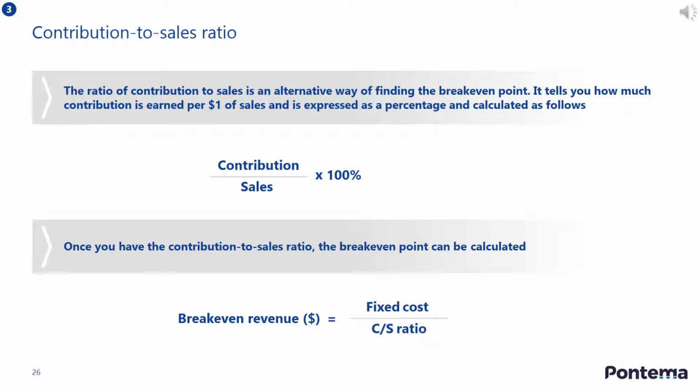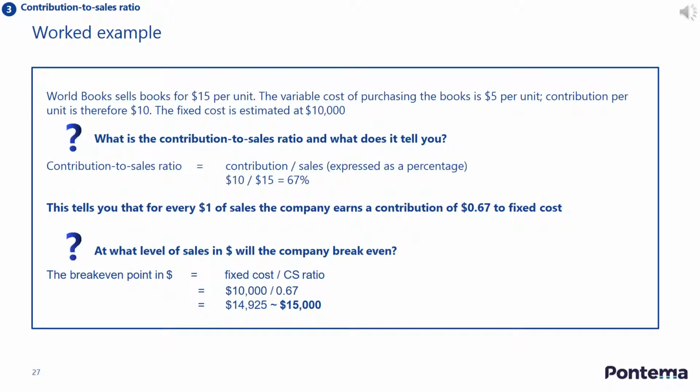From a decision-making perspective, once you have the contribution to sales ratio, the break-even point can be calculated, which may determine a go or no-go decision for a project. The slide shows a worked example for the contribution to sales ratio. Please take some time to read the questions and ensure you can calculate the answers before proceeding.